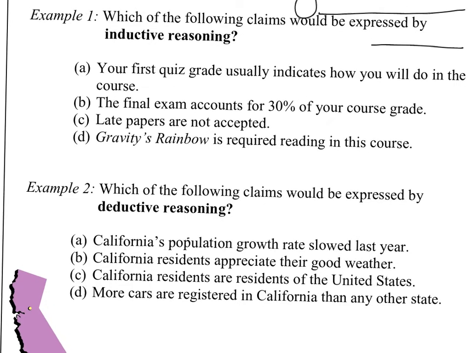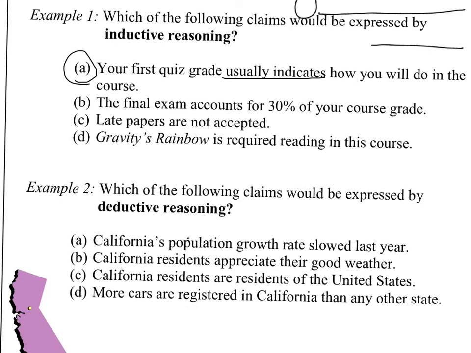Your first quiz grade usually indicates how well you will do in the course. So for me, that's a strong indication of inductive reasoning. Usually means it's not a hard fact, it's not a rule, and then indicates, noticing that it's, again, not a fact, that this is a pattern that I've observed based on my behavior in the past of taking courses.